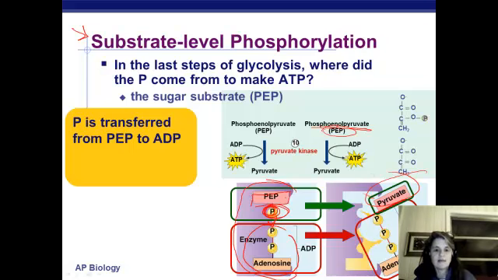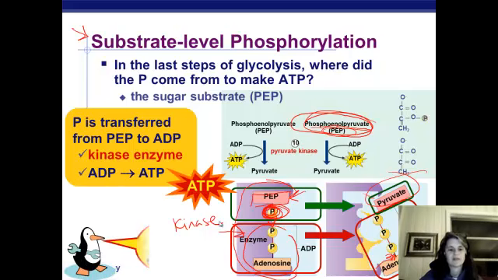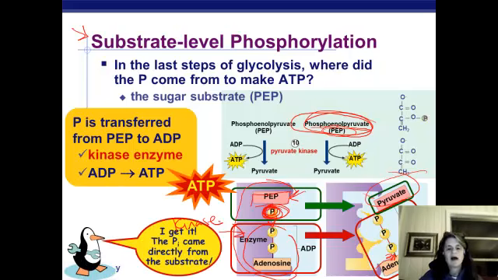An enzyme rips a phosphate off a substrate, in this case the PEP molecule near the bottom of the glycolysis pathway, and sticks it onto ADP, and we get ATP. This enzyme, therefore, would be a kinase, something that sticks a phosphate onto something. So the phosphate came directly from a substrate.